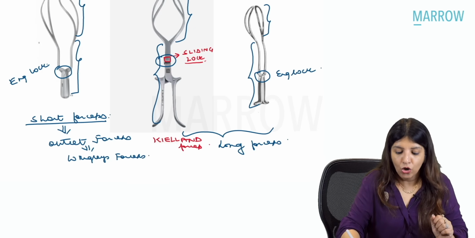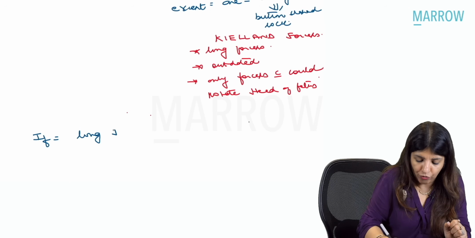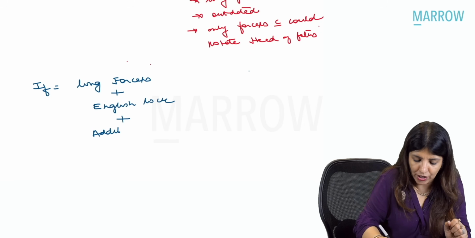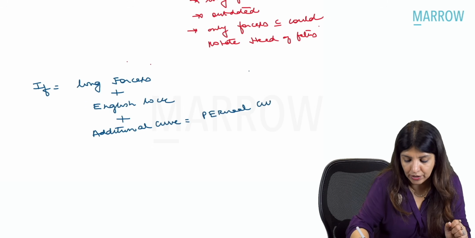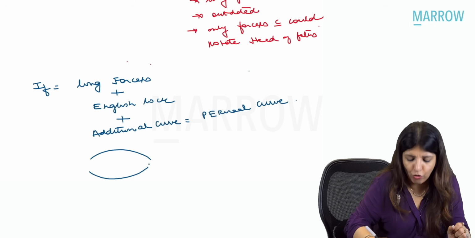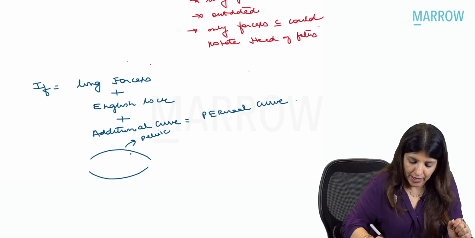Now, long forceps, if you are getting a long forceps plus you are getting English lock plus you are getting an additional curve. That additional curve is perineal curve. Please understand, normally all forceps have two curves. The outer curve is pelvic curve and the inner curve is cephalic curve.